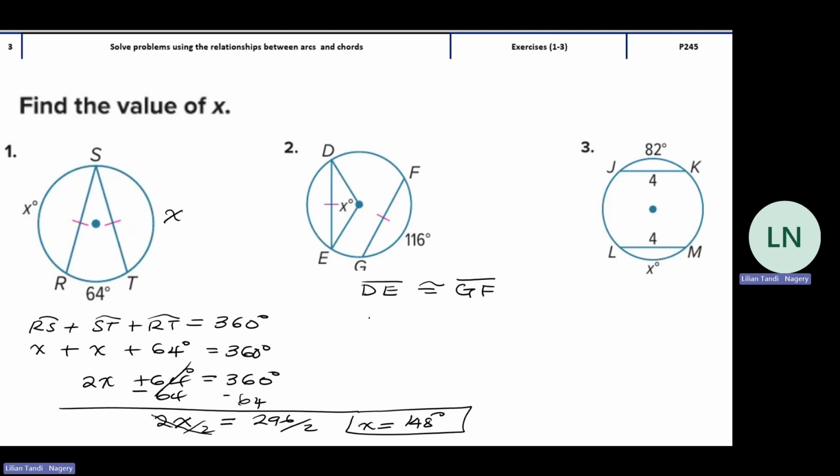So it means DE, the arc, should also be congruent to GF, the arc. And because we know GF is 116, congruent means equal, so DE is also 116. Why did I do arc? We want chord, we don't want arc.